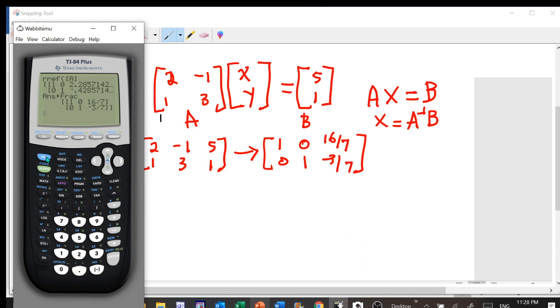Then we get out and create another matrix. We go to B and make it 2 by 1. It's already 2 by 1, so we put 5 and 1 there.